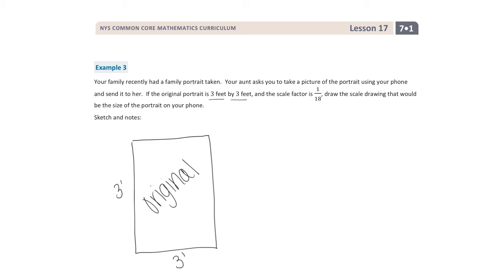That means that our constant of proportionality, our k, is equal to 1/18. Now we know that we have to figure out what 1/18 of a foot actually is.